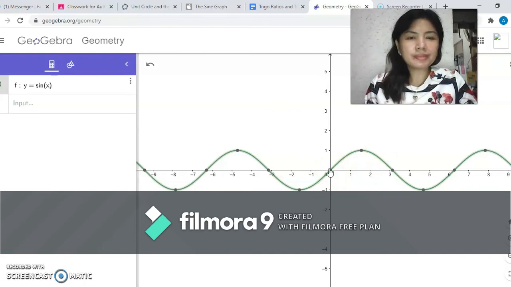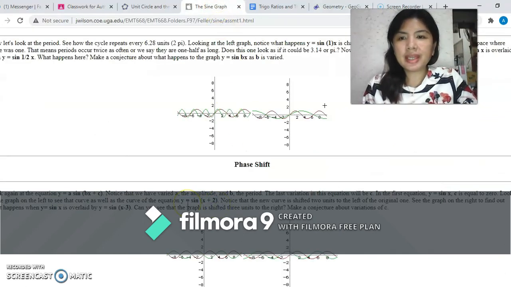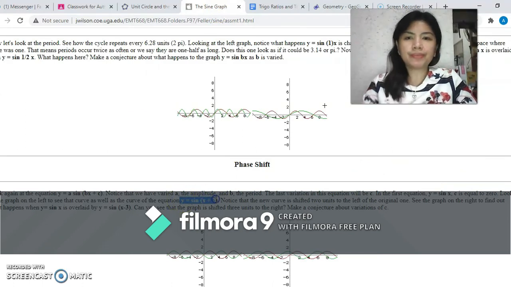The sine wave starts at the origin. Now we have C equal to positive 2.